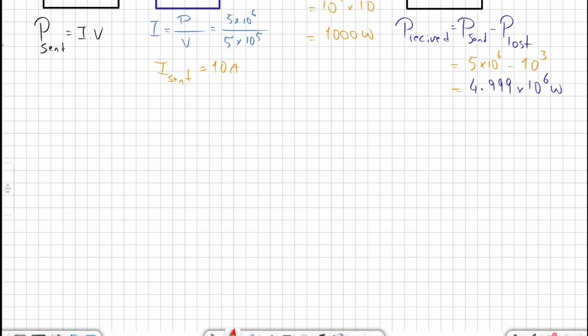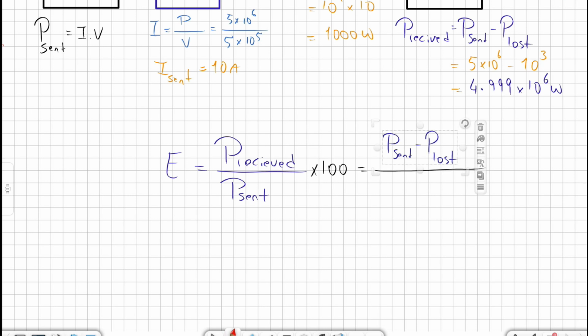Nearly all of the power is received by the town just by making this small difference, by using a step-up transformer and increasing the potential difference and decreasing the current. And we can find the efficiency of this power transfer by dividing the received power by the sent power, multiplied by 100 to find the percentage, which is equal to power sent minus power lost divided by power sent.